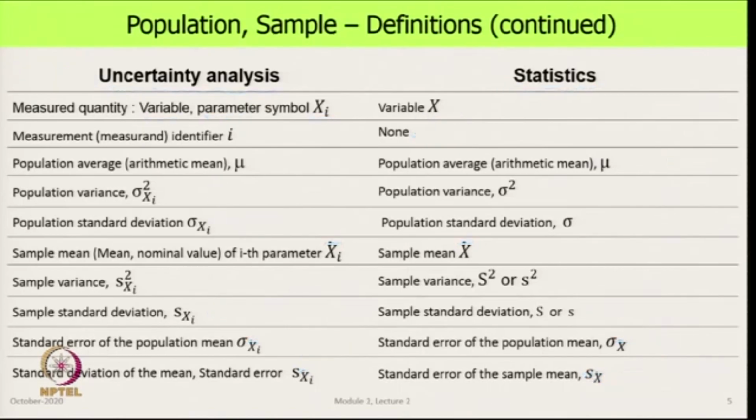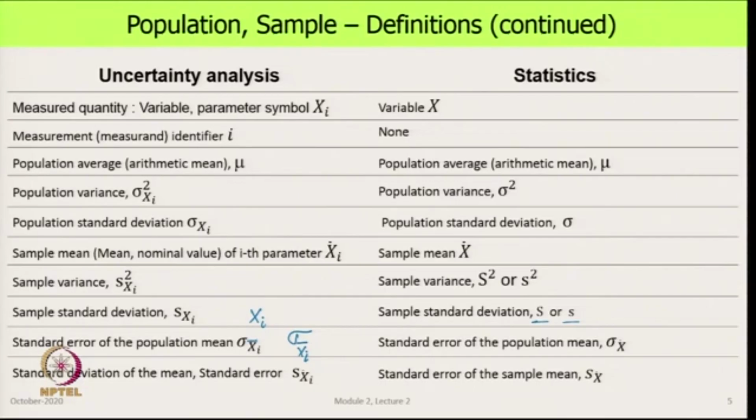In uncertainty analysis, we call the sample standard deviation s xi, whereas in statistics literature you will see the symbol s, uppercase S or lowercase s. We are clarifying that the sample standard deviation is for the parameter xi. The standard error of the population mean, which is sigma xi bar: sigma is population, xi bar is the mean of the ith variable.